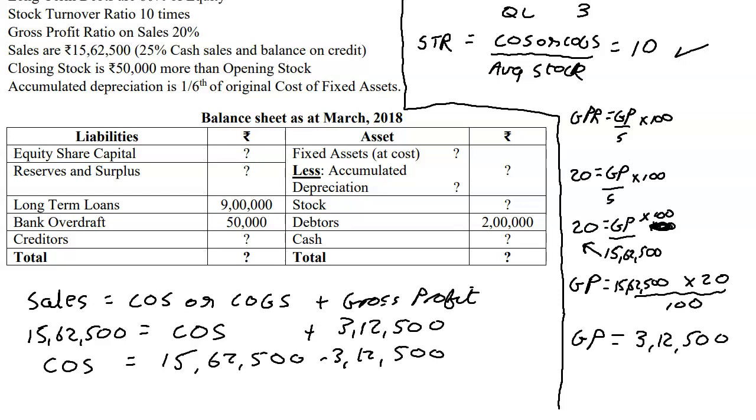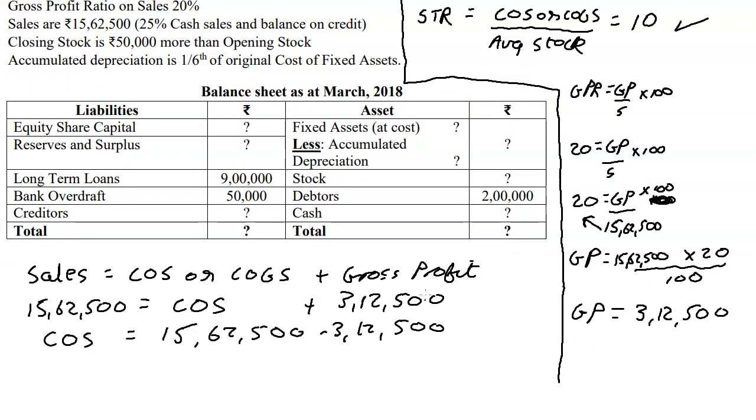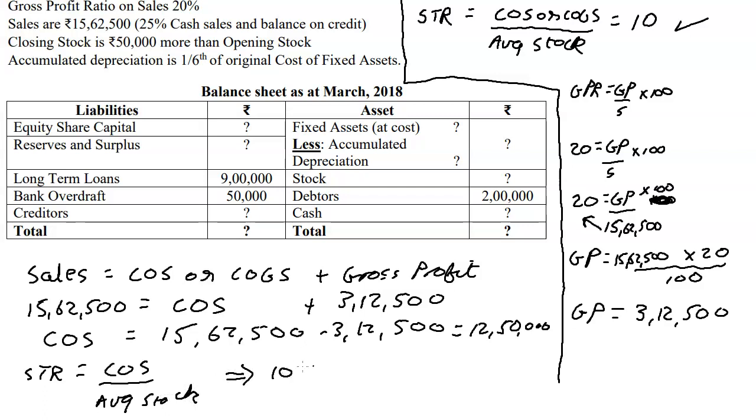I'm going to scroll down just a bit. So cost of sales is 12,50,000. Now stock turnover ratio is equal to cost of sales upon average stock, which gives us 10 is equal to cost of sales.